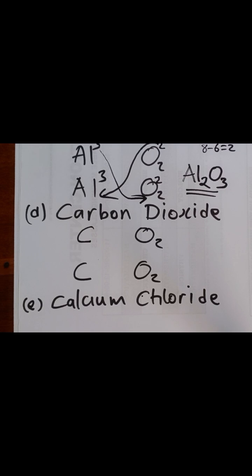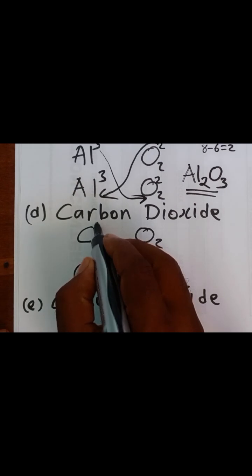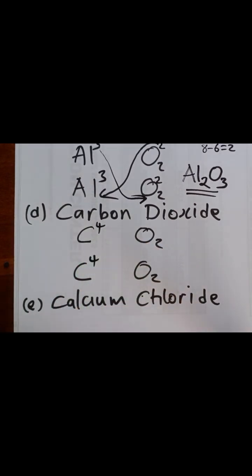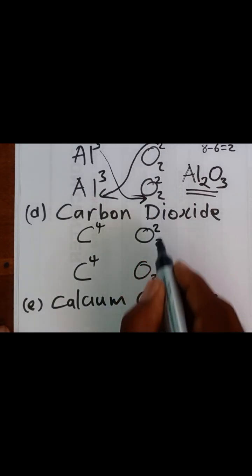Remember, how do we find the valence number of a non-metal? It is 8 minus the group it is coming from. Carbon, when you check on the periodic table, is coming from group 4. So 8 minus 4 is 4. Then for oxygen, we already determined the valence number, which is 2.